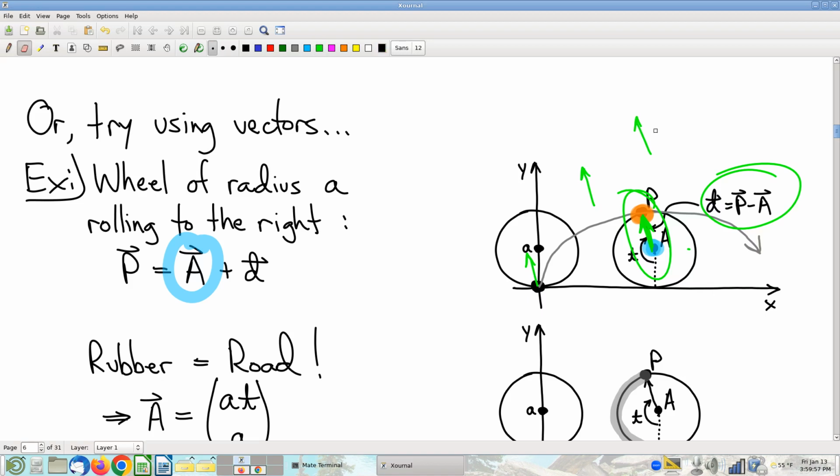So if you look at the standard position vector, that is, P minus A, that, as the wheel rotates, is just going around in a circle. It's just doing this. And details, we're going to have to figure that out. But something moving around in a circle, not scary. That's fairly tractable.